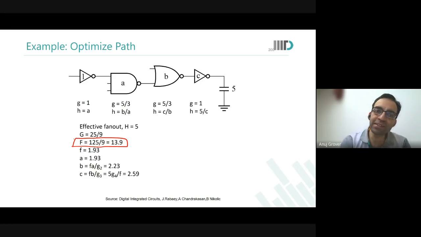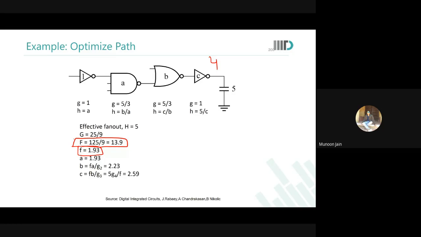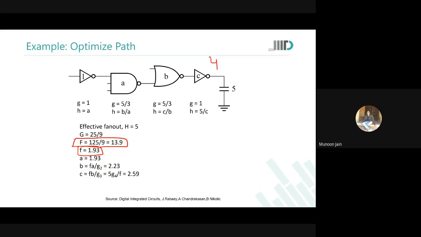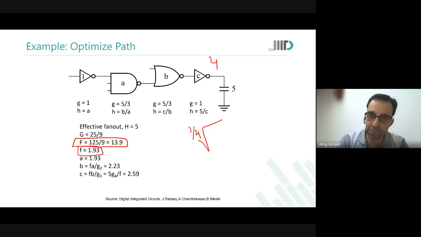Because you know that there are four stages over here, your small f becomes 1.93. Sir, that is 125 upon 9 to the power 1/4? Yes, according to our formula. So you get f as 1.93.